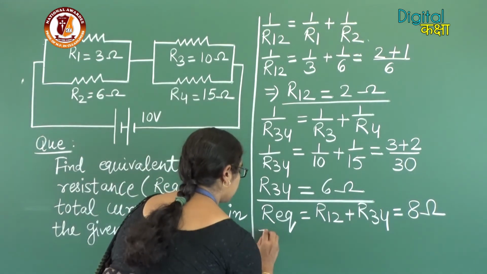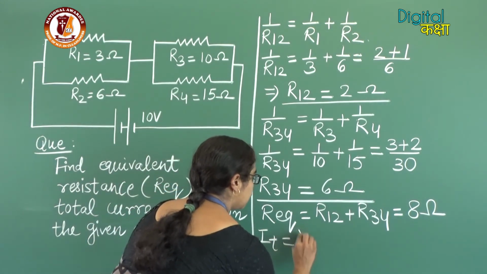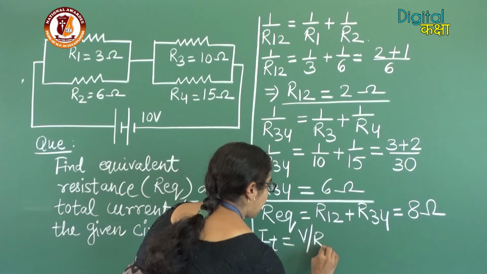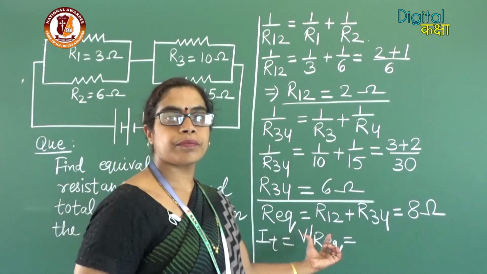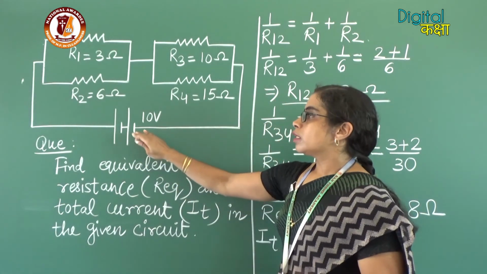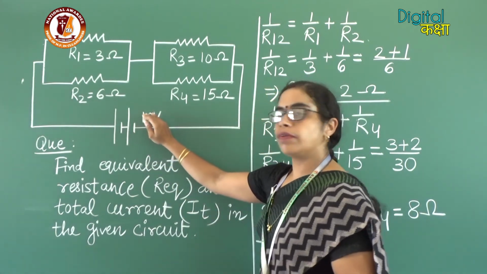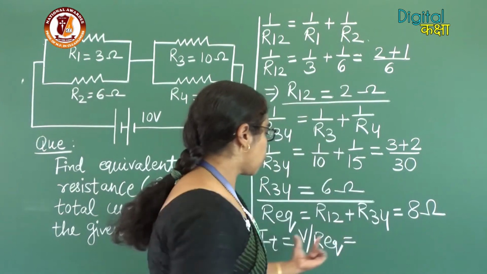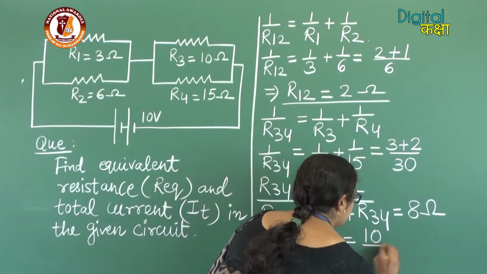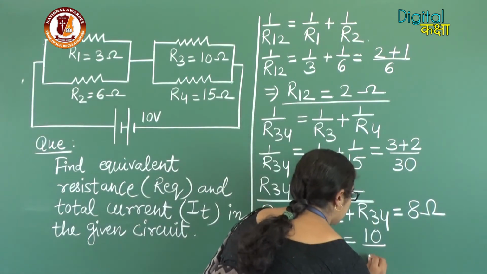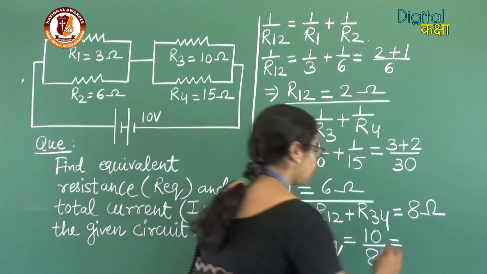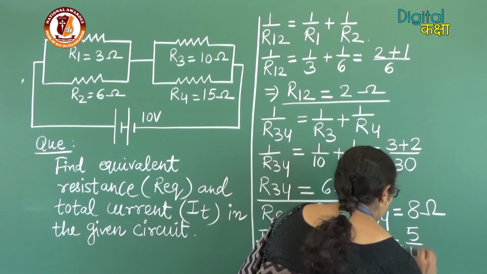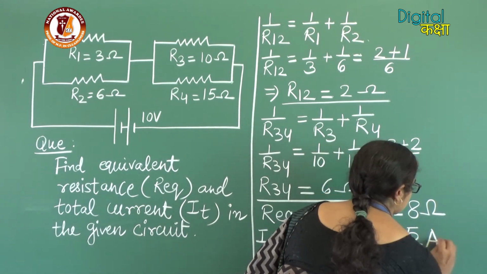In order to get the value of I total, the formula will be IT is equal to V upon R equivalent. In the circuit, the potential difference V of the battery is 10 volt. So this will be equal to 10 upon the equivalent resistance, that is 8, which will be equal to 5 upon 4 amperes.